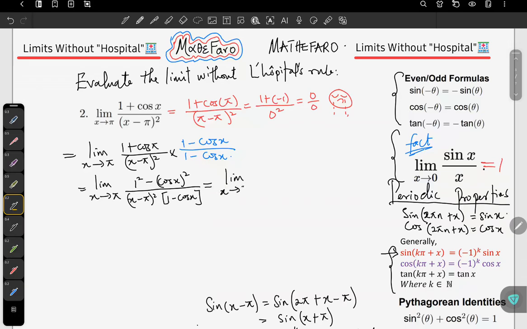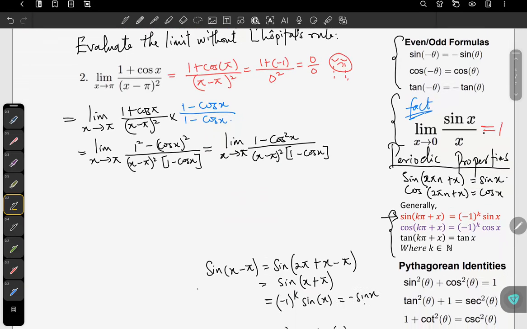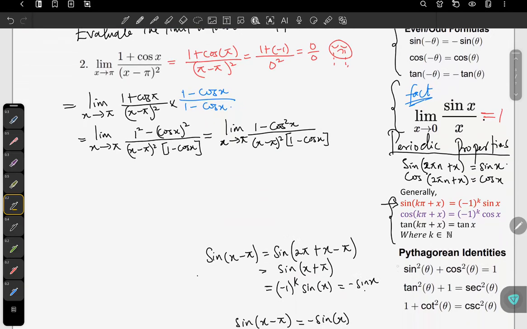So we have the limit as x tends to pi of (1 minus cos squared x) over (x minus pi) squared times (1 minus cos x). The numerator is something we've seen before, which is the Pythagorean identity. If sine squared theta plus cos squared theta equals 1, then it means that sine squared theta is 1 minus cos squared theta.